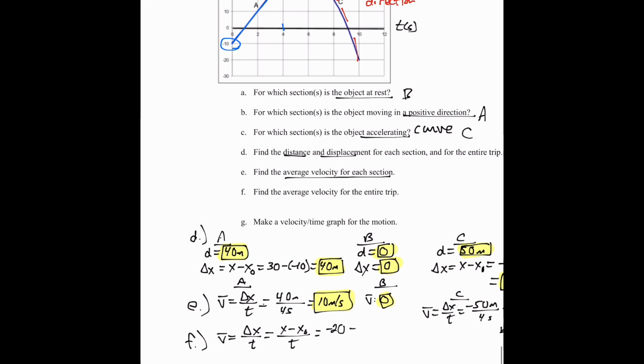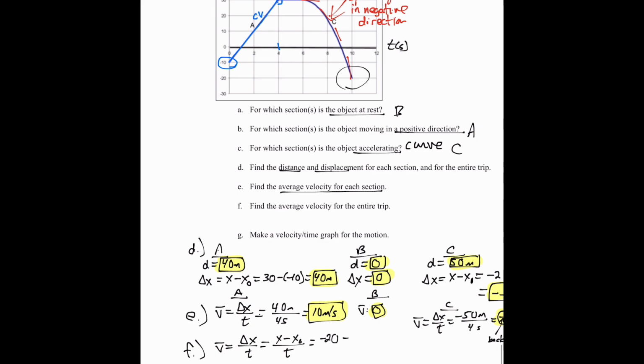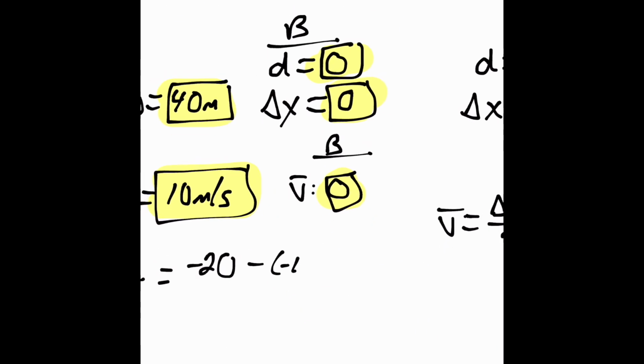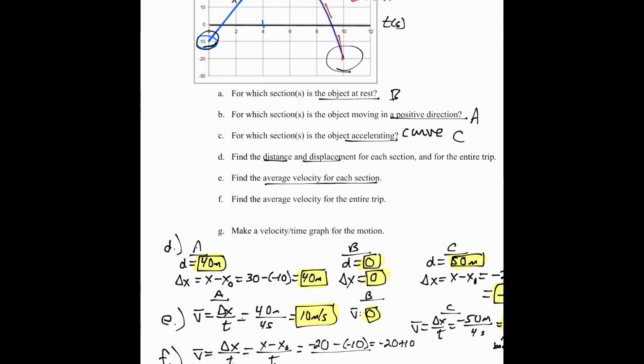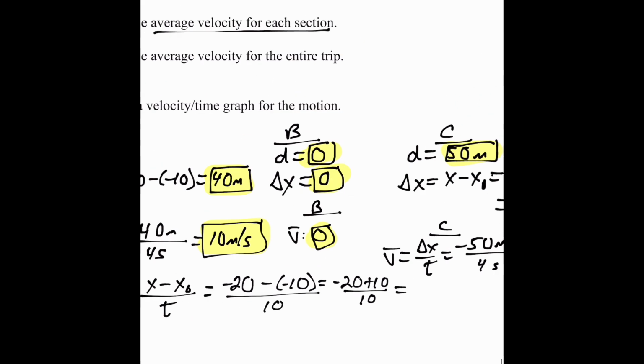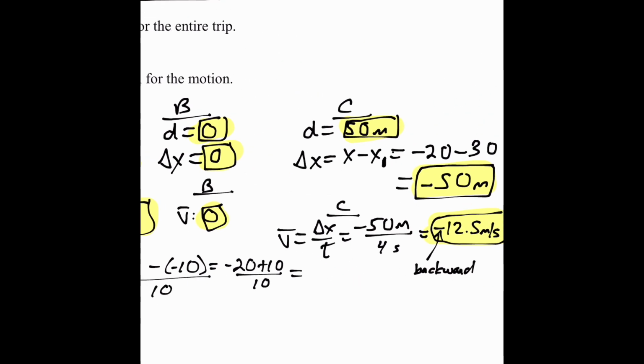My initial position was negative 10, so negative 20, negative 10. So I'm going negative 20 minus a minus 10, which is the same thing as negative 20 plus 10, over the entire 10-second time interval, which would give me negative 10 over 10, or negative 1 meters per second.